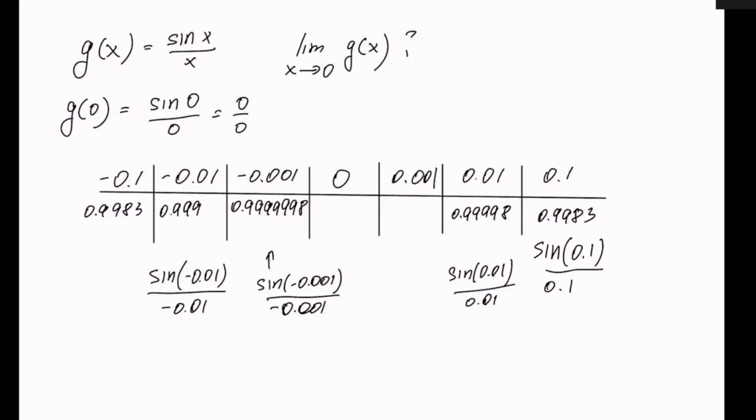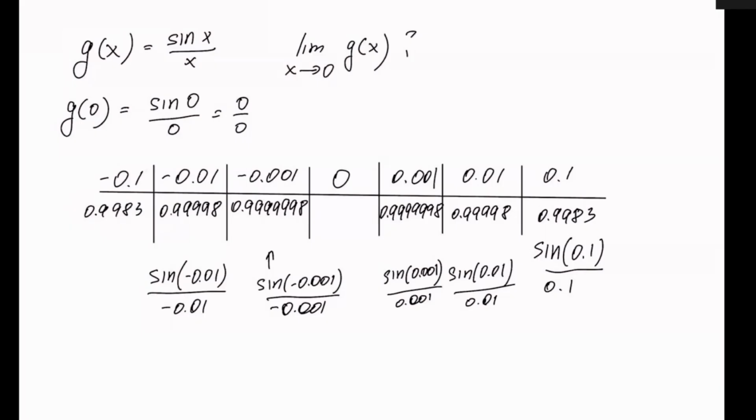And if I plug in 0.001, I have sine of 0.001 over 0.001. The value here is 0.999999, I think I have six nines: 1, 2, 3, 4, 5, 6. So as you can see, we have a pattern here, right?